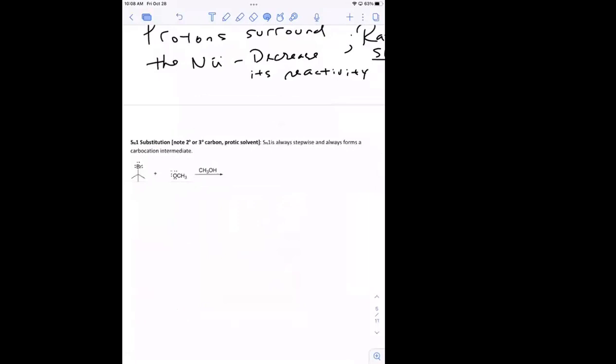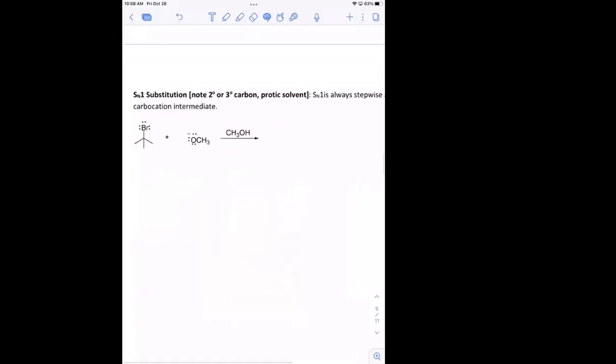One of the major differences between SN2 and SN1 is seen right away, right?